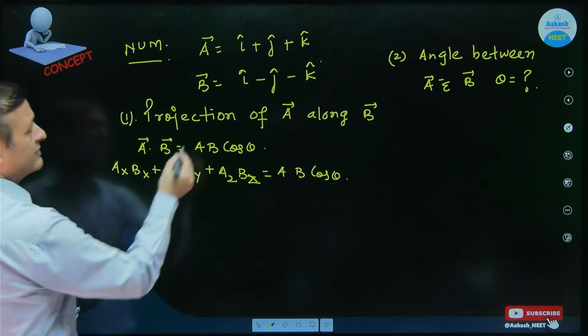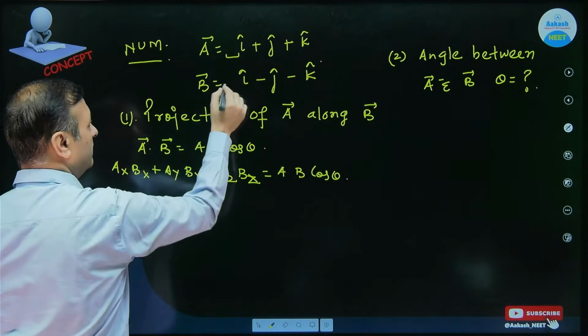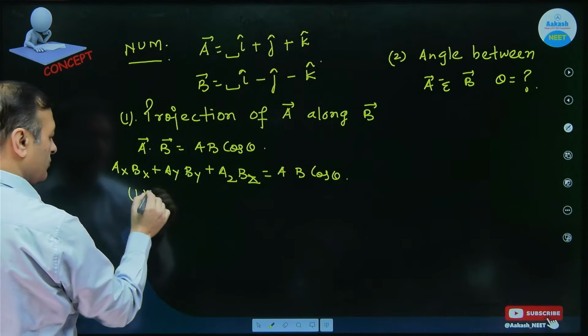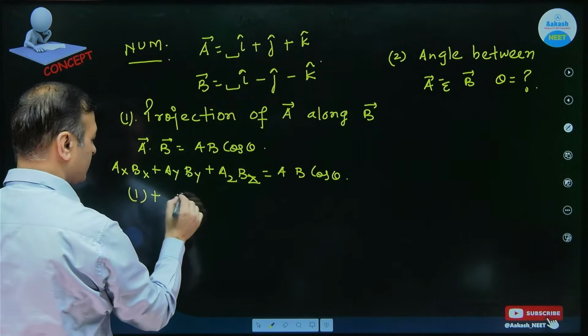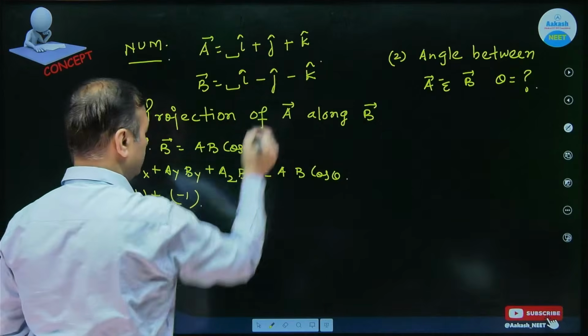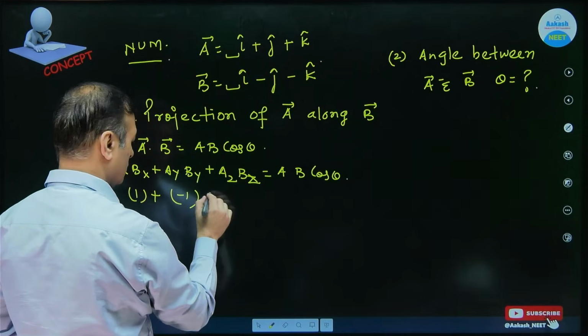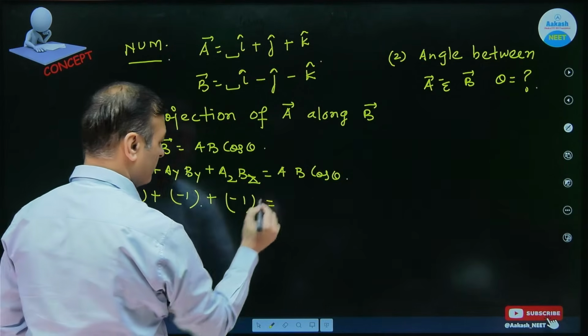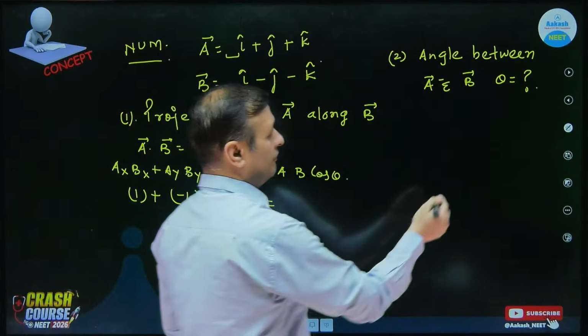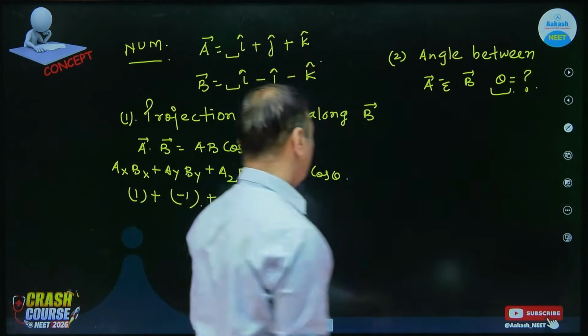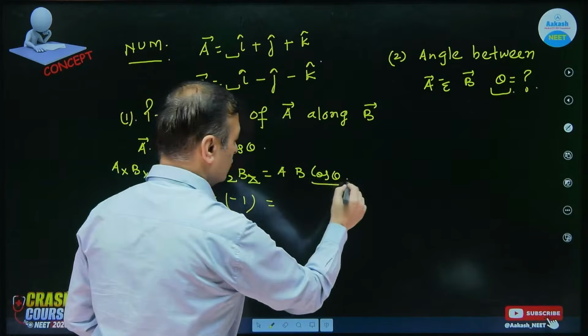So what is AX? This is 1, BX is also 1, so that makes it 1. AY makes it minus 1 and this also makes it minus 1. So if I have to find out theta, let's define cos theta.